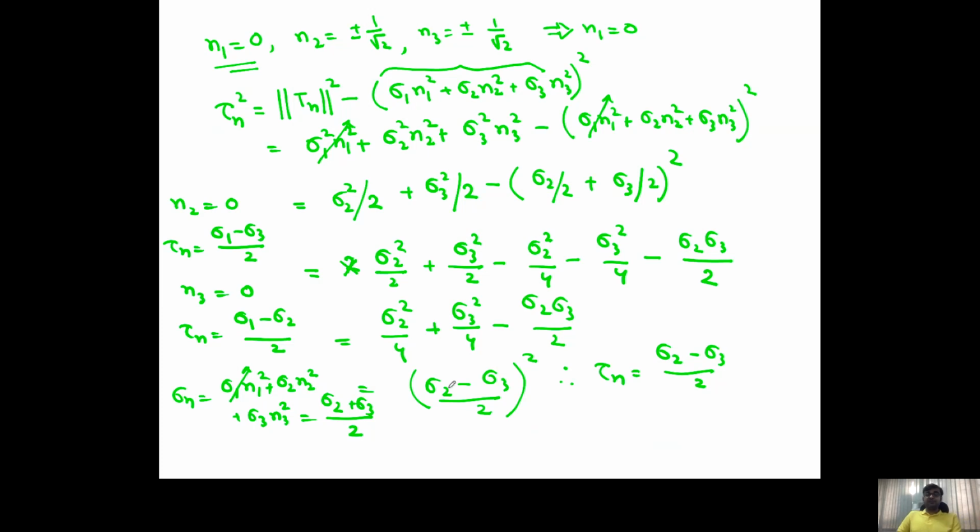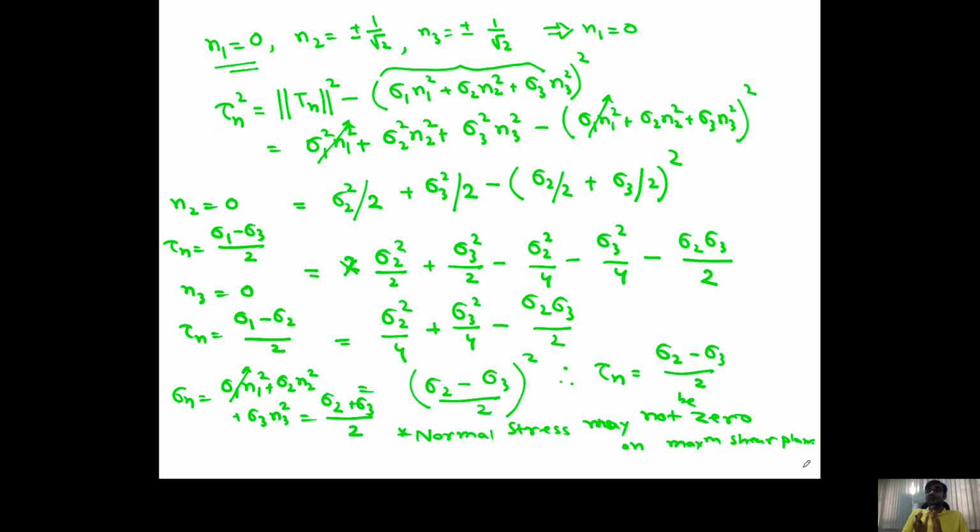So the observation is that normal stress is not 0, or may not be 0, on the maximum shear plane. This is not like the maximum normal stress plane or the principal stress plane when the shear components are 0.